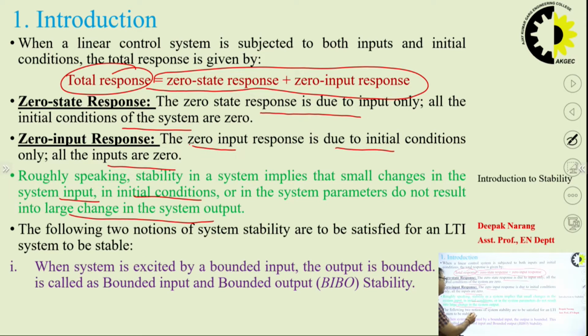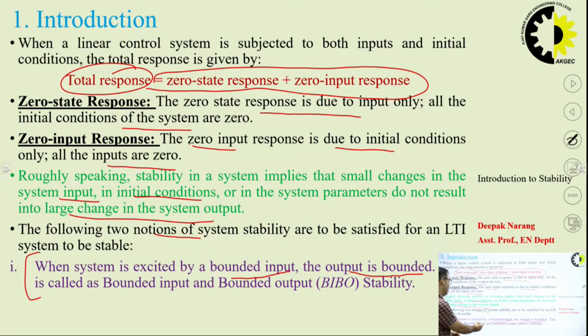So we can use two notions of stability which are to be satisfied for an LTI system to be stable. First of all, when the system is excited by a bounded input, meaning the input is in a defined range, and the output which we are getting is also in a defined range, that is bounded.